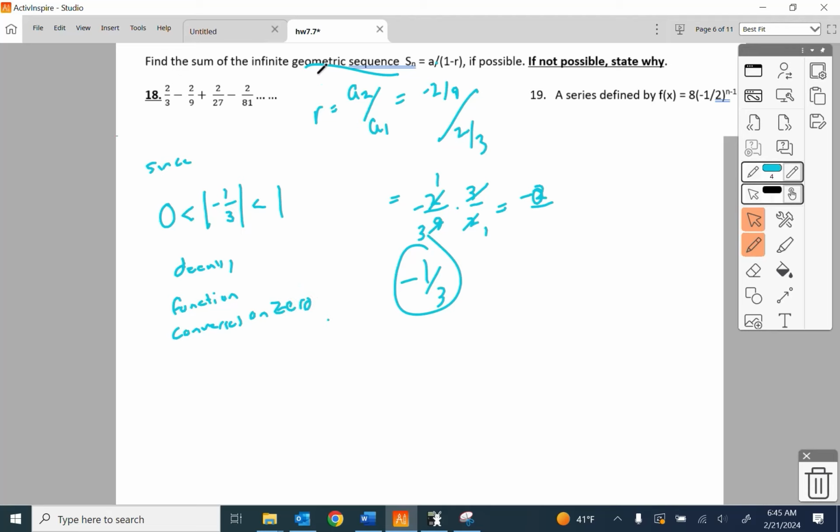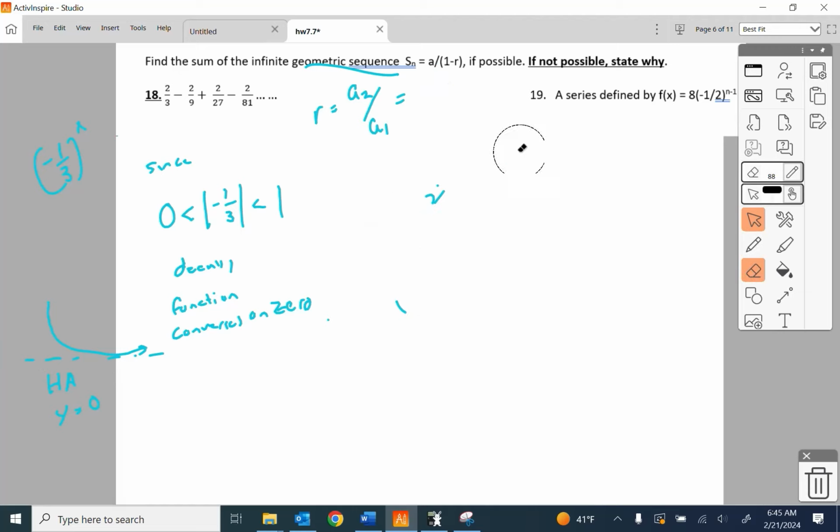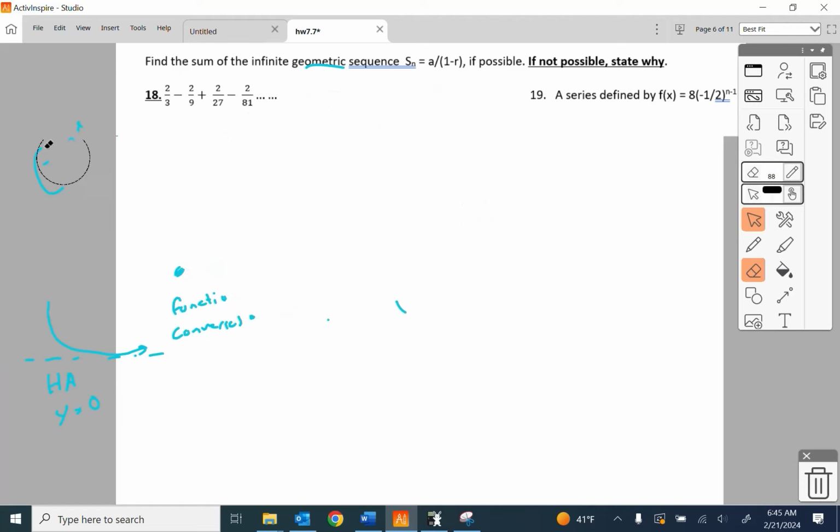Think about it. If you think about having a negative 1/3 to the x, this thing would flatline. It would have a horizontal asymptote. And that's what this is all about. We had that lesson. I know that my ratio is negative 1/3, so I know it converges.